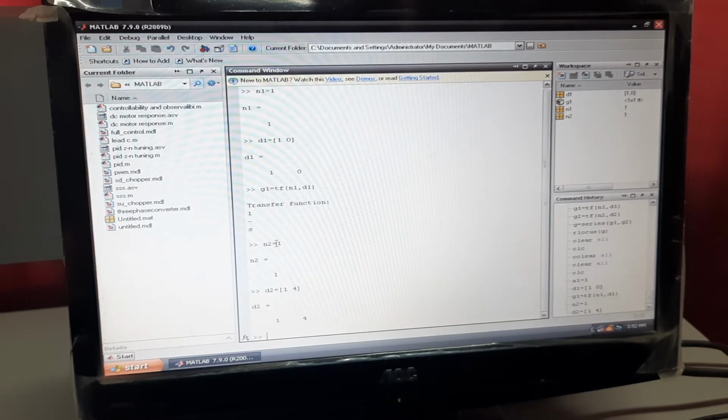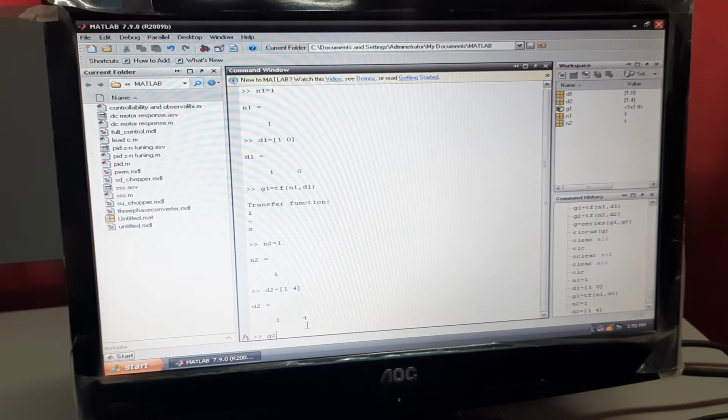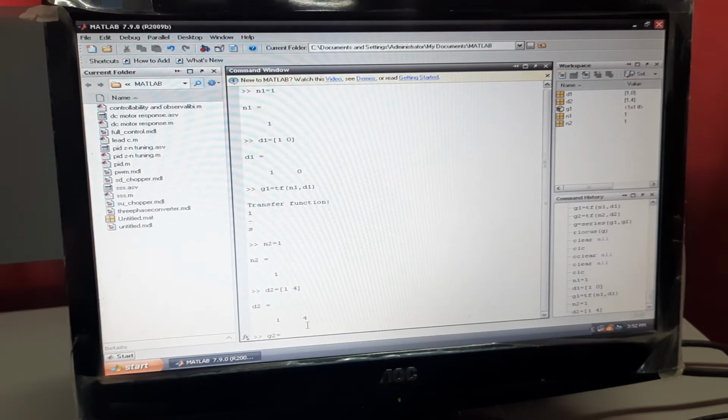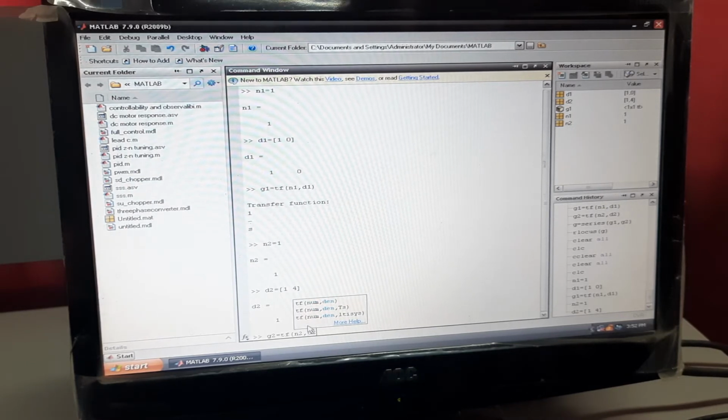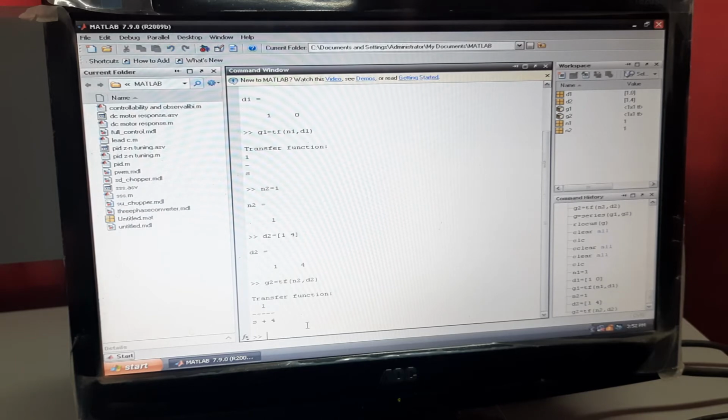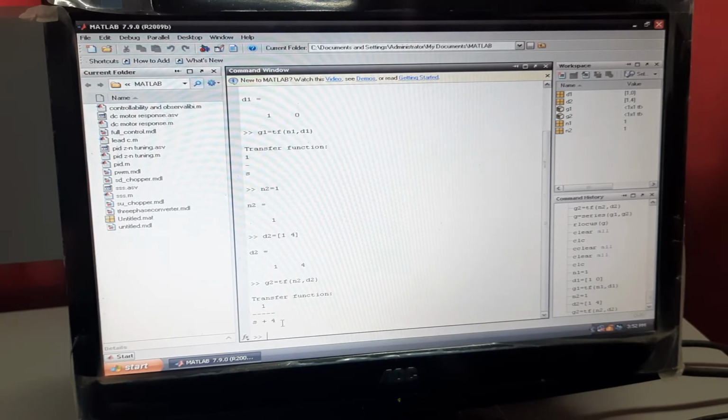Now the next transfer function, G2 equals to TF of N2 comma D2. So it will be 1 by S plus 4.